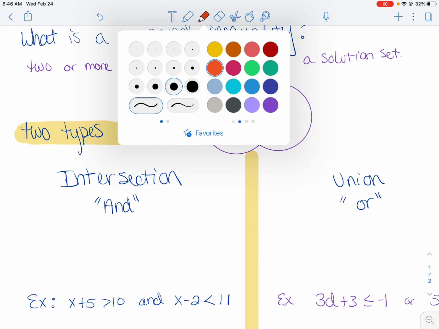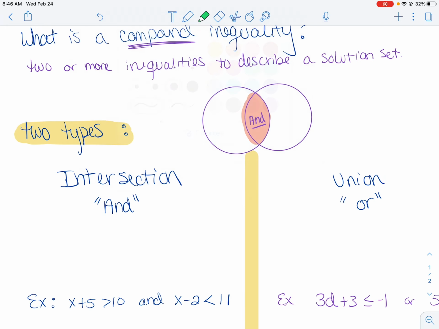The union, or the "or" type inequality, is when we can have an inequality that falls in either camp. So it could be either less than a certain number, or it could be greater than a certain number. It doesn't have to be both at the same time. So that gives us all of these, either over there or over there.